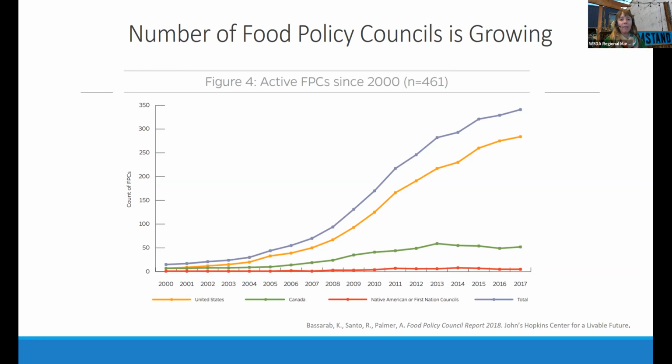As of 2017, the Center for a Livable Future at Johns Hopkins University, which supports and monitors food policy councils, estimates that there are about 314 active food policy networks in North America. And you can see that growth, right?